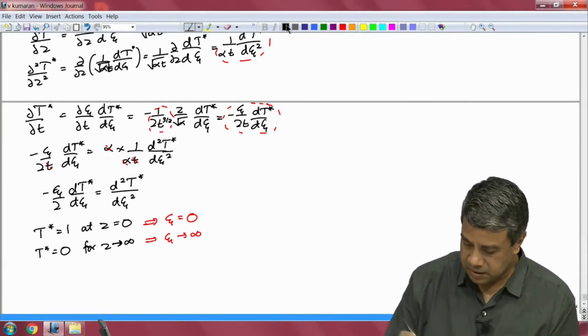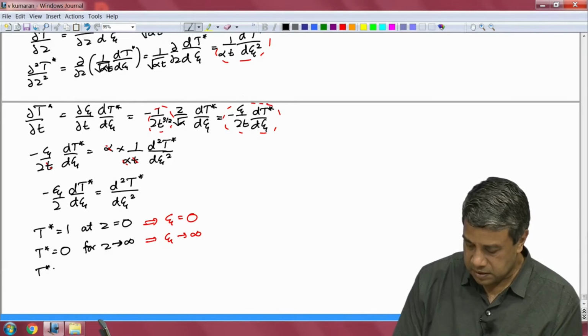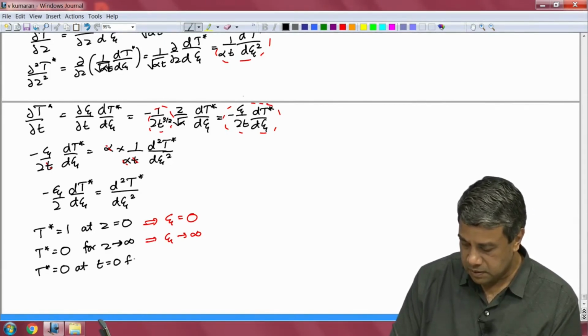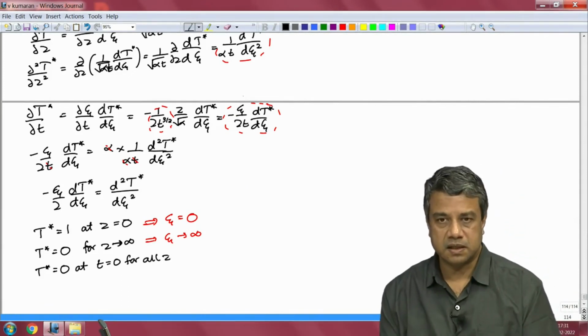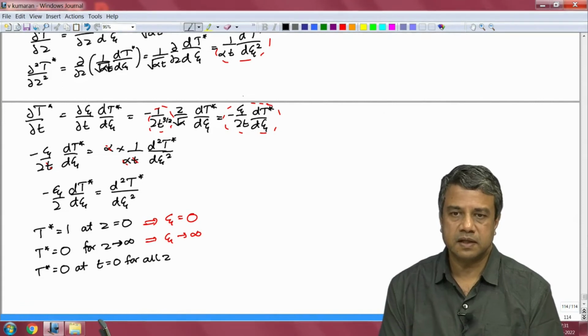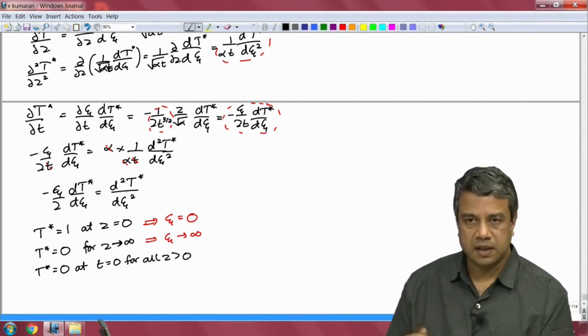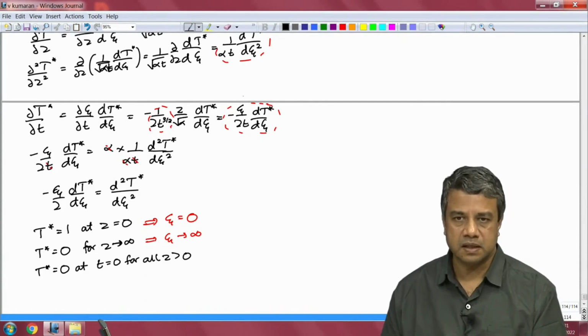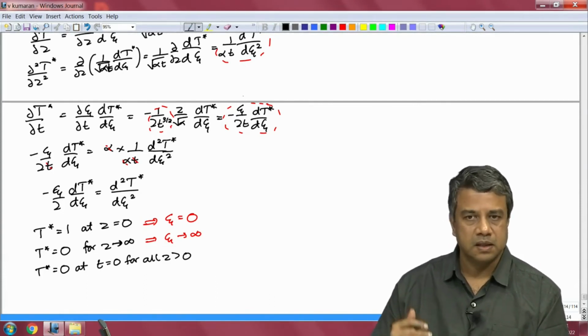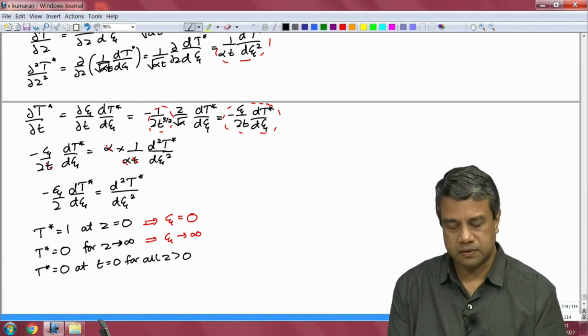And the third boundary condition is that T star is equal to 0 at t is equal to 0 for all z. That is the initial condition. Initially, T is equal to T infinity everywhere, for all z greater than 0. At the surface itself you have instantaneously increased the T star to 1, but everywhere in the fluid T star is equal to 0.